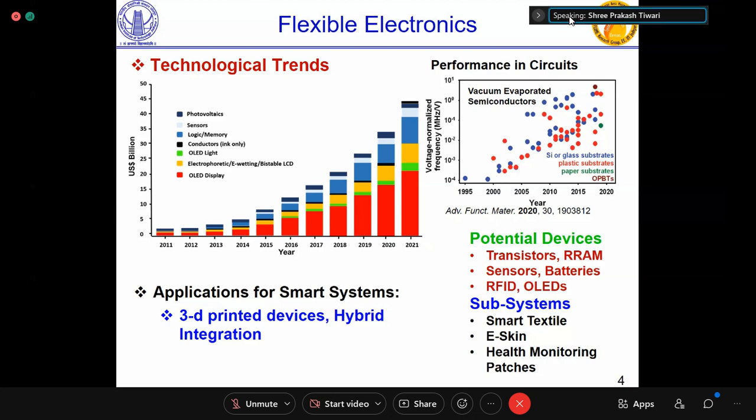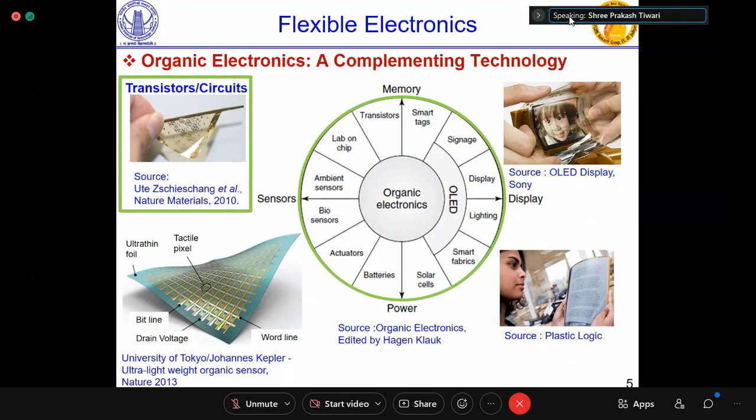So those kind of things can be called e-skin. And with this technology that can be thought of. Then health monitoring patches. There could be simple patches which you have on body somewhere, and they're just trying to check your physiological signals and they can communicate. So these could be some subsystems which can be used and demonstrated.